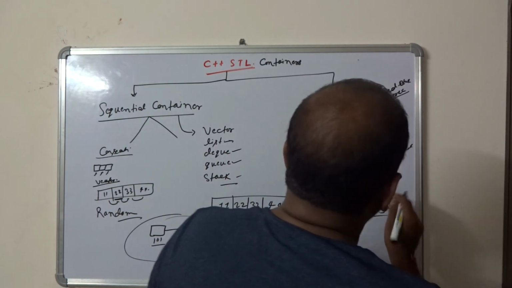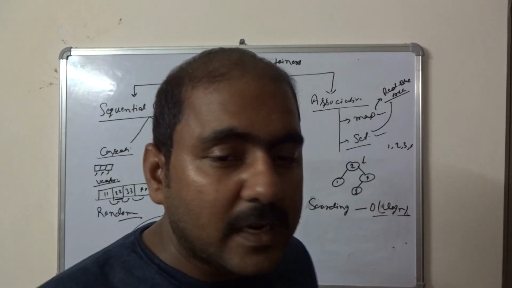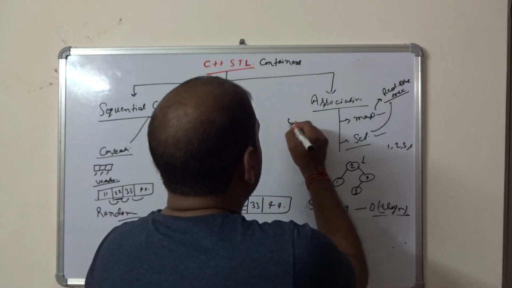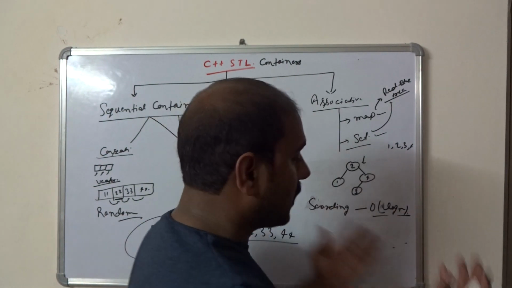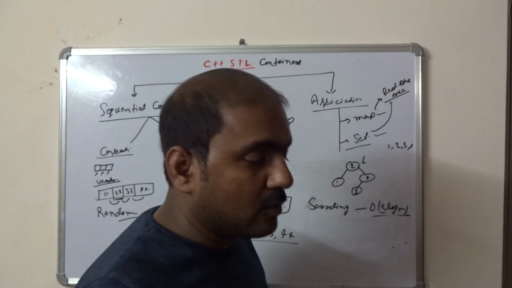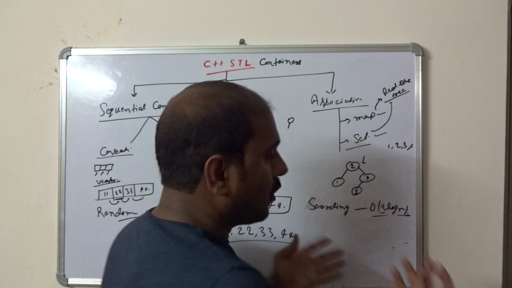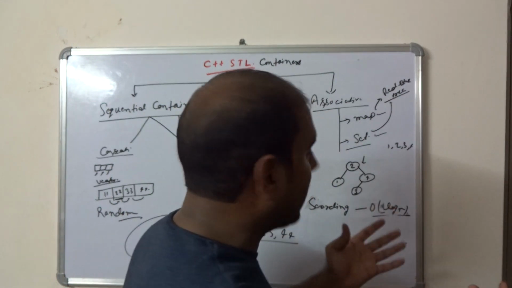Here n is the number of elements. If your tree is completely balanced, every node has child nodes, 0, 1 or 2, but it is balanced properly.